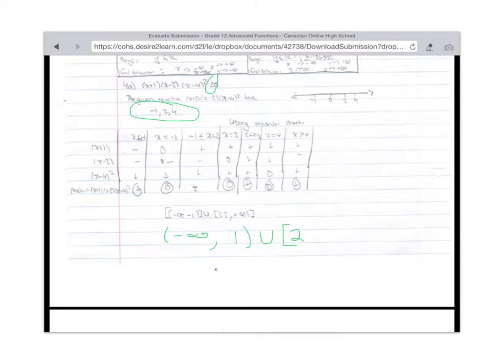Here, this should be minus 1. I read that wrong. And this should be a square bracket also, because minus 1 will give us this value of 0 exactly. And so we want to include the value minus 1. And so now we're going to go from 2 all the way up to positive infinity with a round bracket for infinity. And that's what your interval should look like for the solution of this one.